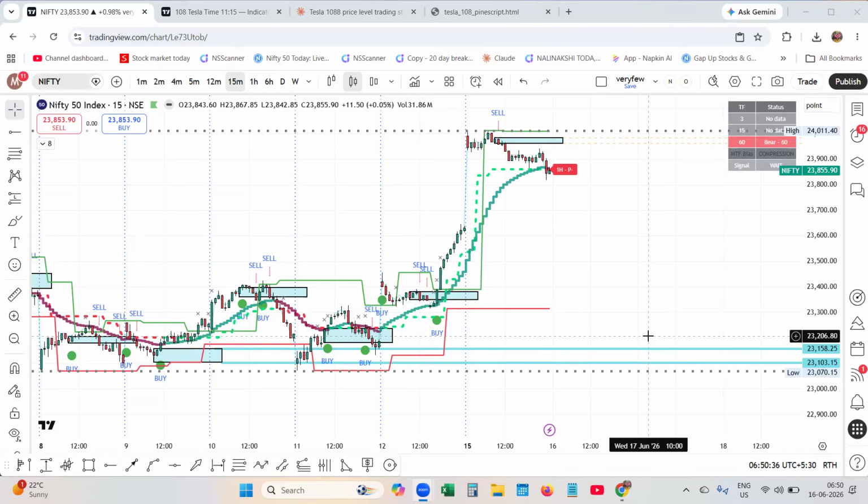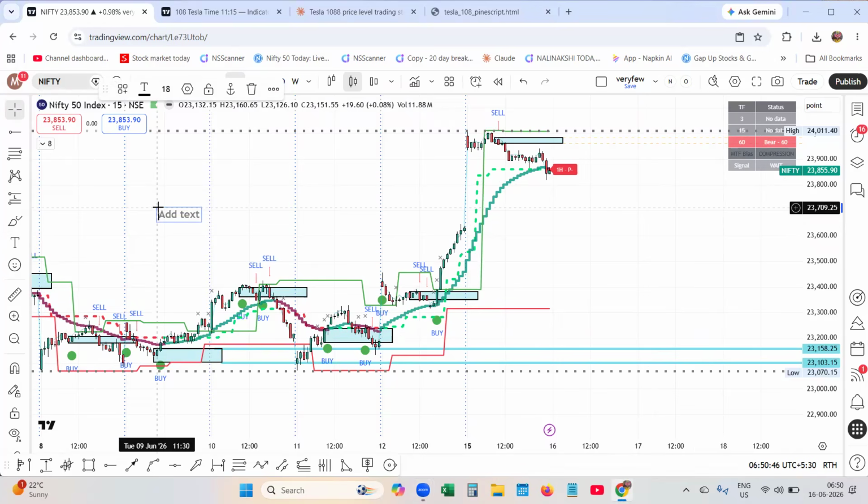Here, on the Nifty, I have enabled two indicators. That is the NALINI Lorentz system. Let me write it down. I have already explained the NALINI Lorentz system.